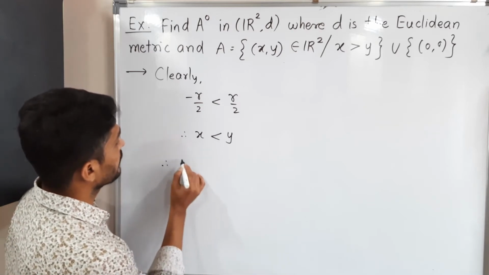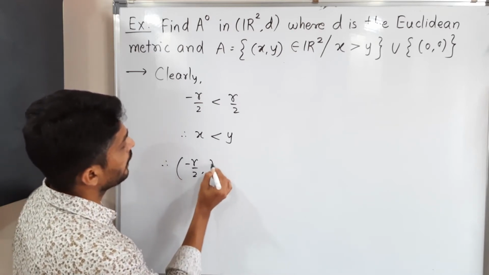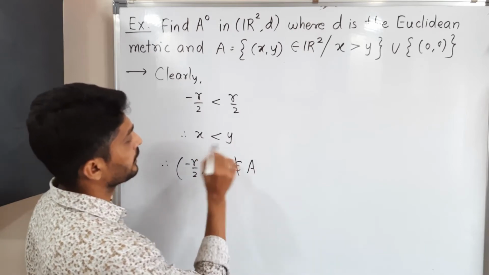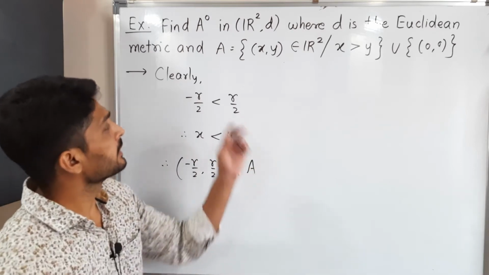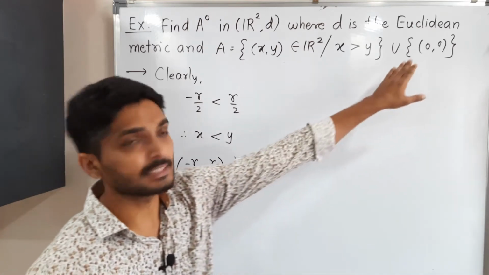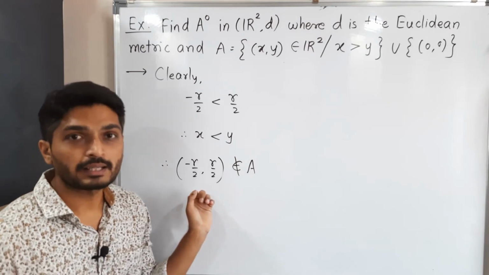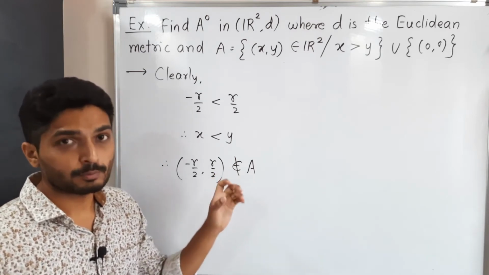So therefore that point does not belong to A. Also (-r/2, r/2) is not (0, 0), so it is none of these points. That's why it does not belong to A.